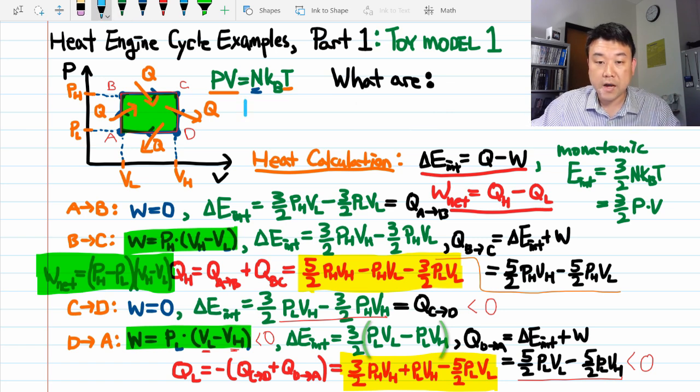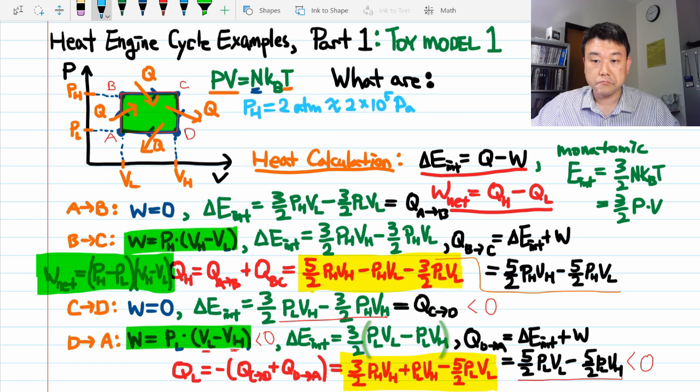Let's say that the high pressure is about 2 atmospheres, or approximately 200 kilopascals, or 2 times 10 to the 5 pascals, and the low pressure is half that, about 1 atmosphere, or 10 to the 5 pascals.